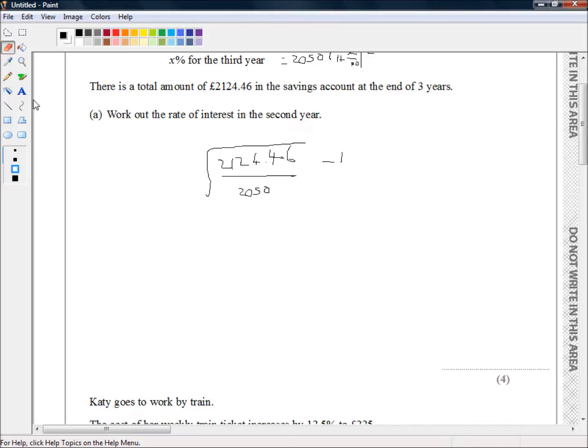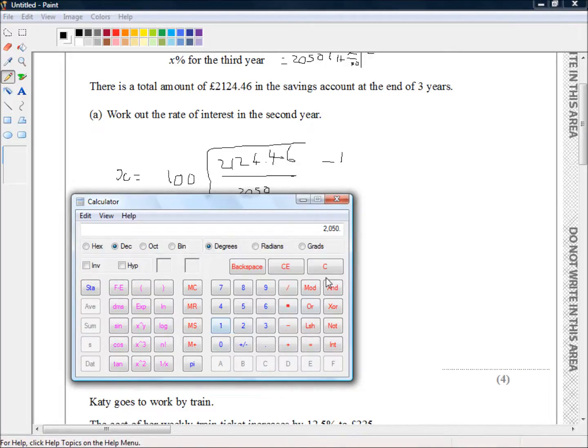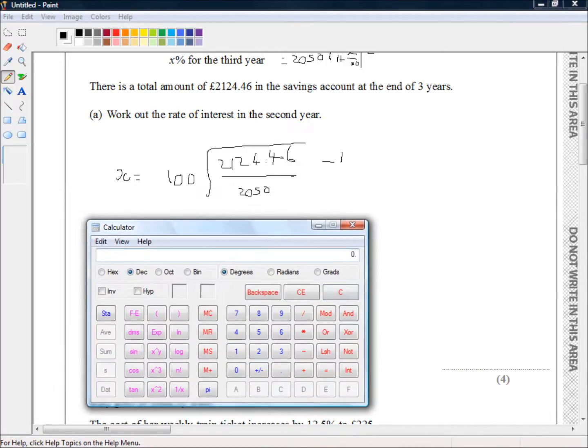I'm going to move the X a bit further over, so X is equal to 100 times the square root of all of that. So all we do is shove that into our calculator. So this is 2124.46 divided by 2050 is equal to, and then that has to be square rooted, and then this has to be subtracted from 1.